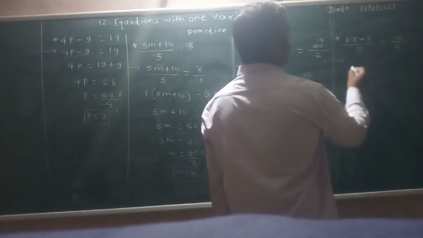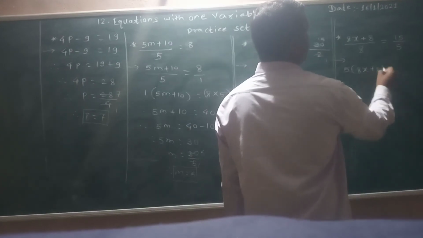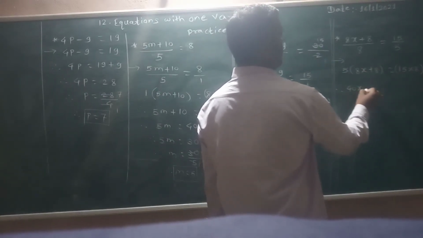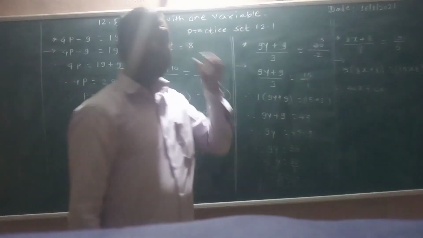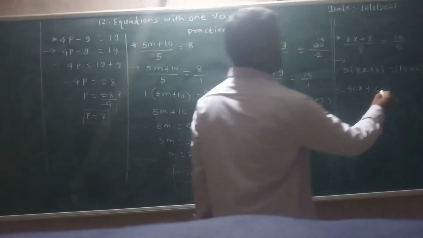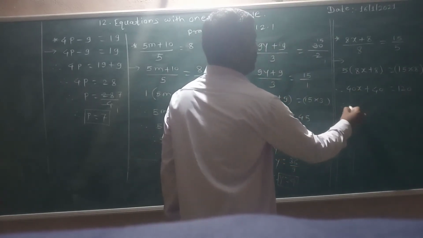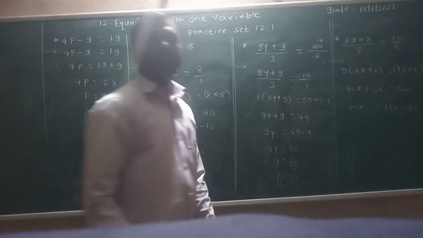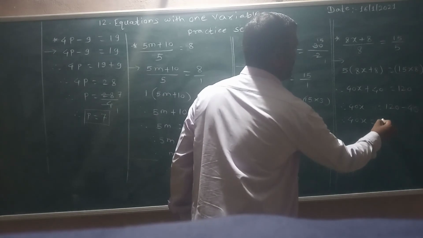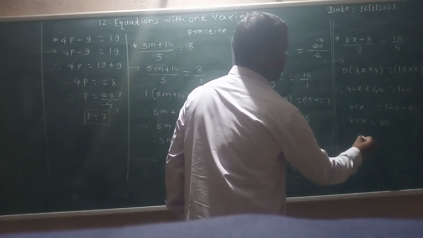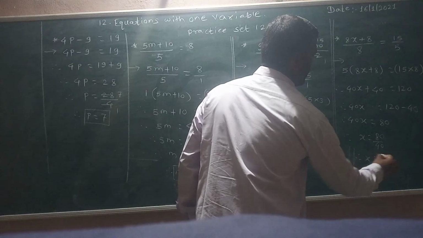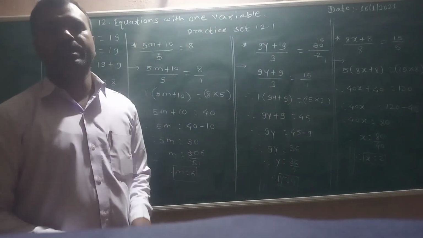You can cross multiply: 5 into bracket 8x plus 8, 15 into 8. 5 8s are 40x plus 5 8s are 40 is equal to 15 8s are 120. 40x is equal to 120 minus 40, and what will happen? 40x is equal to 80, into 40 becomes divided by 40. x is equal to 2 is the solution of the given equation.